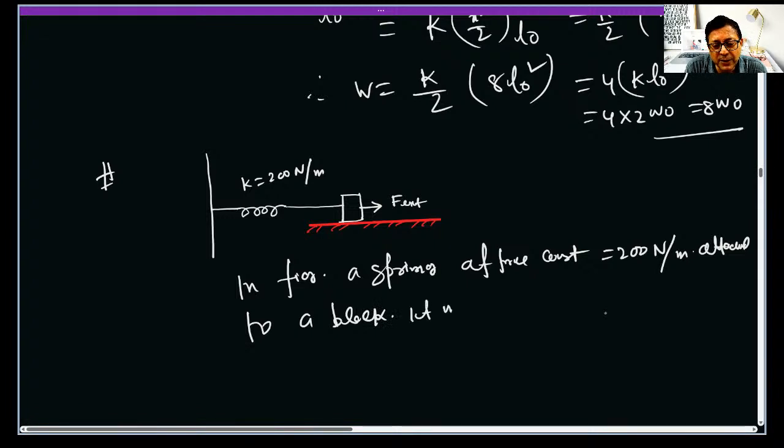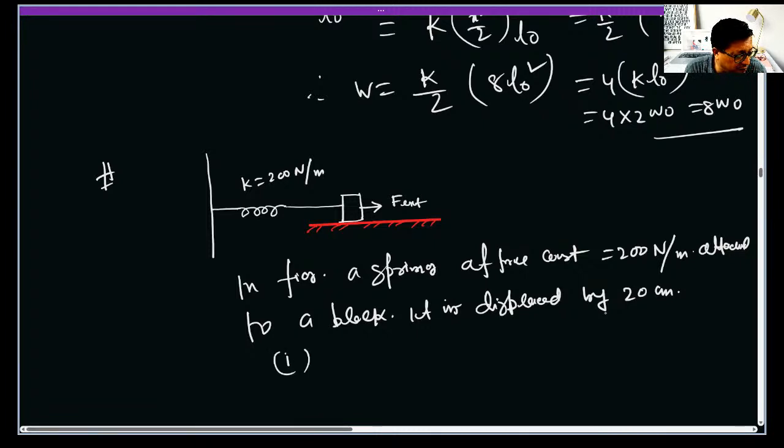It is displaced by 20 centimeter. Question is what then?